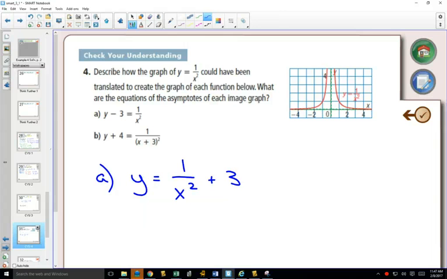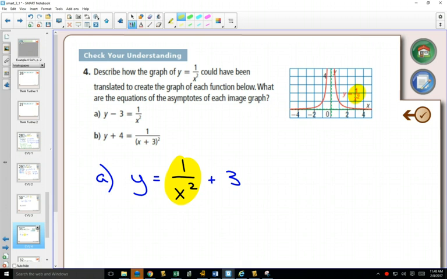So I'm going to take the time to move that 3 over. If this is my original function, 1 over x squared, can you see that that's right here? Unchanged. The only thing that changes is we have a plus 3 after that.